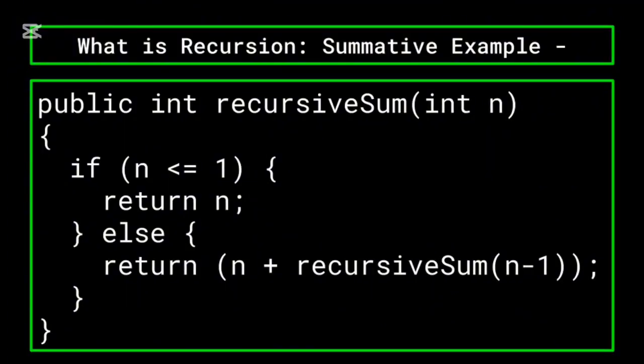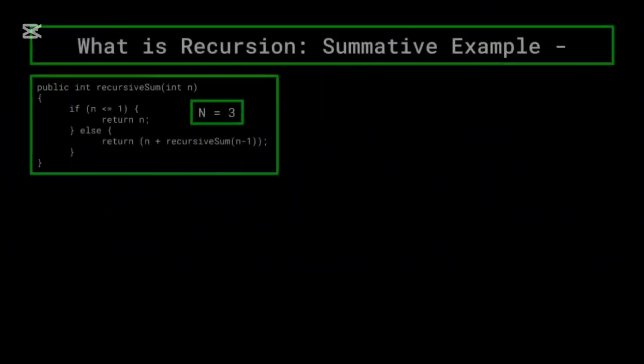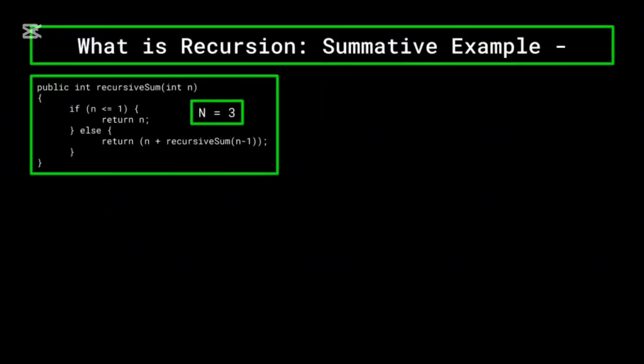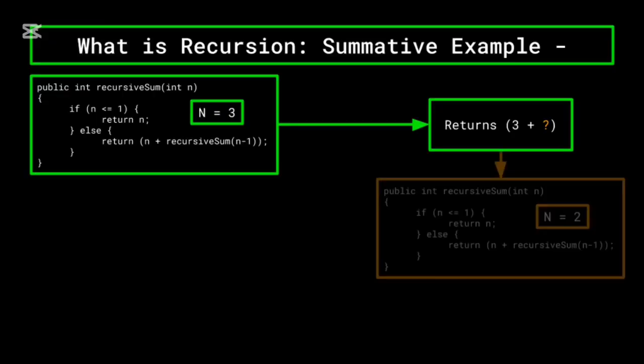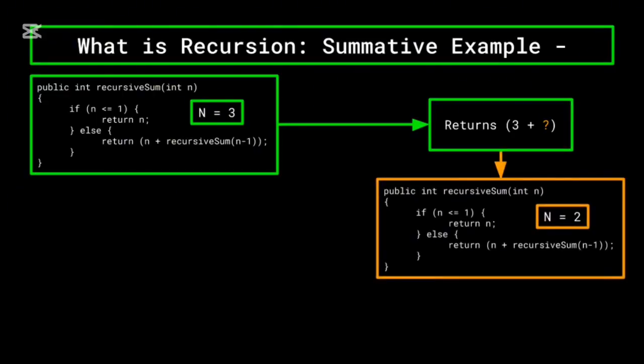Well, let's actually go through the function as if we were the computer and see why. We start with a call of recursive sum with n equals 3. We know that 3 is not less than or equal to 1, so now we try to return a recursive sum of n, which is 3, and the returning value of recursive sum with an n of 2. We don't know what the returning value of recursive sum with an n of 2 is, so we have to go through the function again, only this time n is 2.